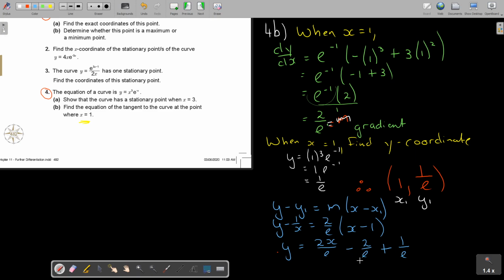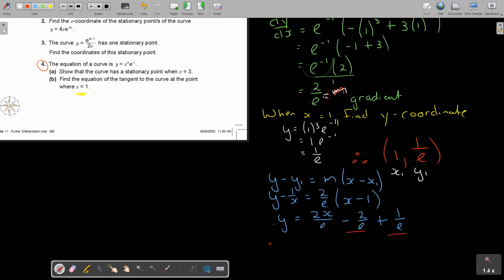Do you see that these are like terms, because it's over e? So the final answer of that tangent is y equals 2 over e times x, there's the gradient, and if I simplify, minus 1 over e. There y equals mx plus c, and there is my value of c. It's just a little bit of concentration, especially with all the e's, but the method stays the same as we did in chapter 6.